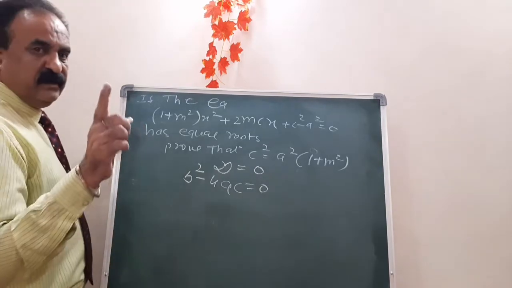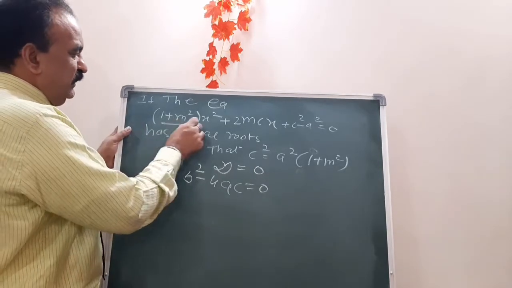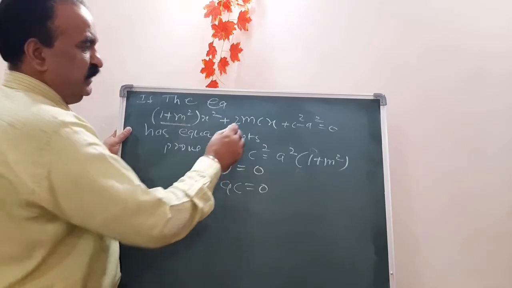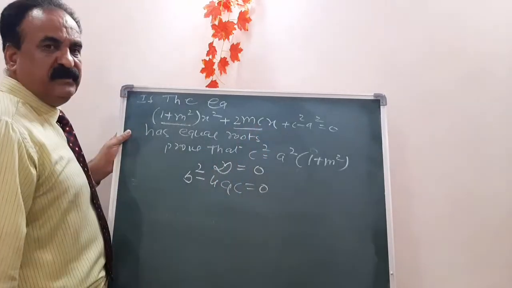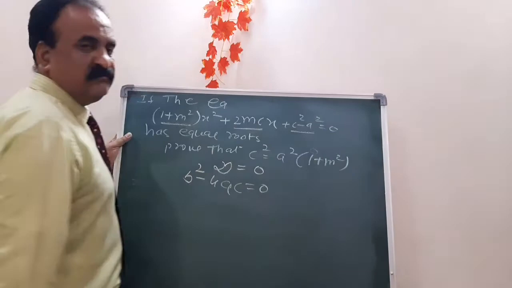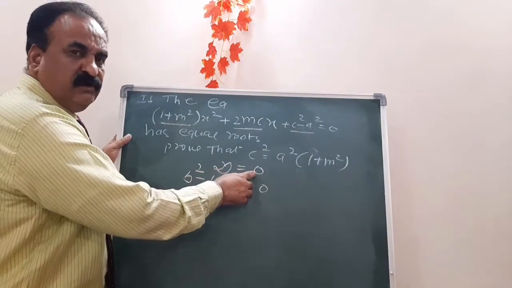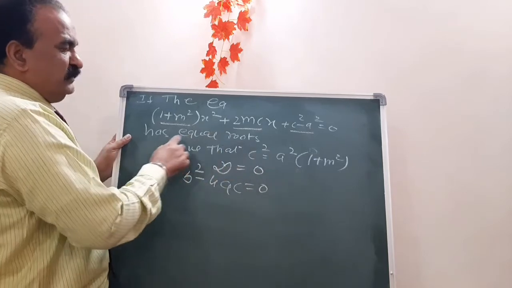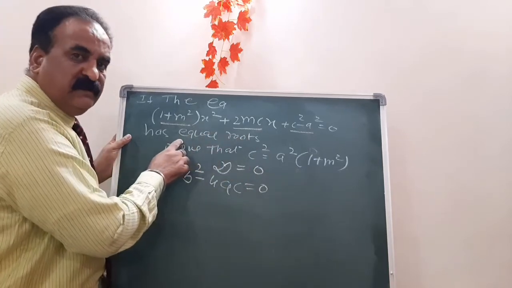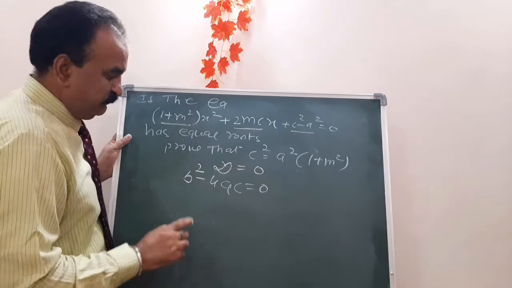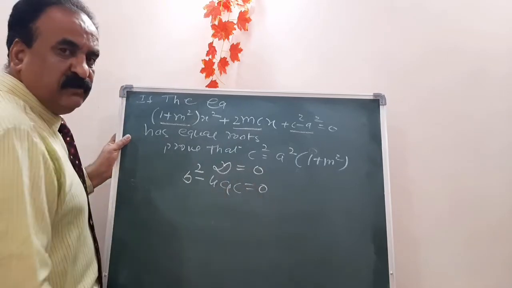Now what is your a? a is 1 plus m square. b is 2 into m into c. And c is c square minus a square. Just you put here. Why am I writing D equal to 0? Because according to the question, the equation has equal roots. Equal roots mean D equal to 0. So b square minus 4ac equal to 0.